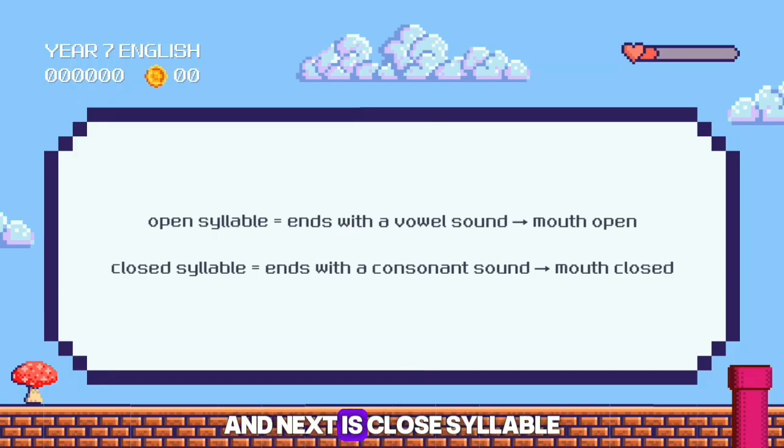And next is closed syllable. A closed syllable ends with a consonant sound, which means there is a coda after the nucleus. So basically, an open syllable ends with a vowel sound, and a closed syllable ends with a consonant sound.